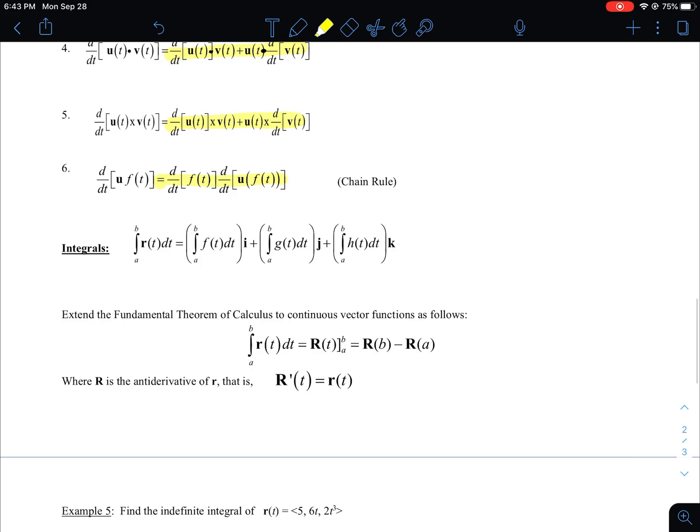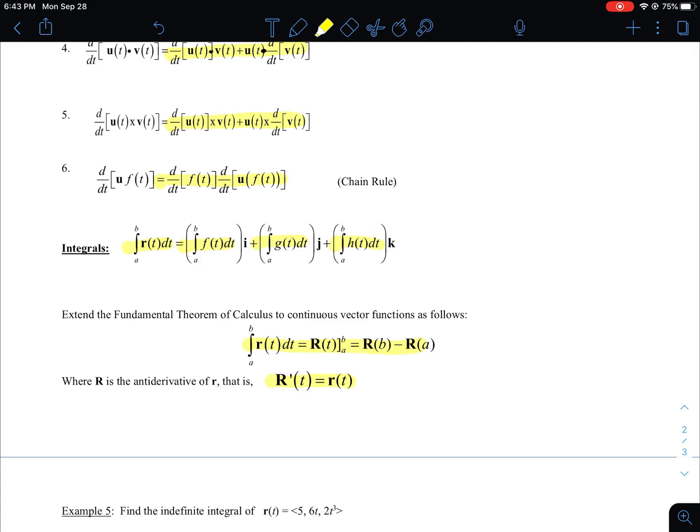All right, integrals, definite integrals. Here is the idea that when you're taking the integral of a vector function, you're actually just taking the integral of each component separately. Okay, and the fundamental theorem of calculus still holds. So we're still going from final minus initial.